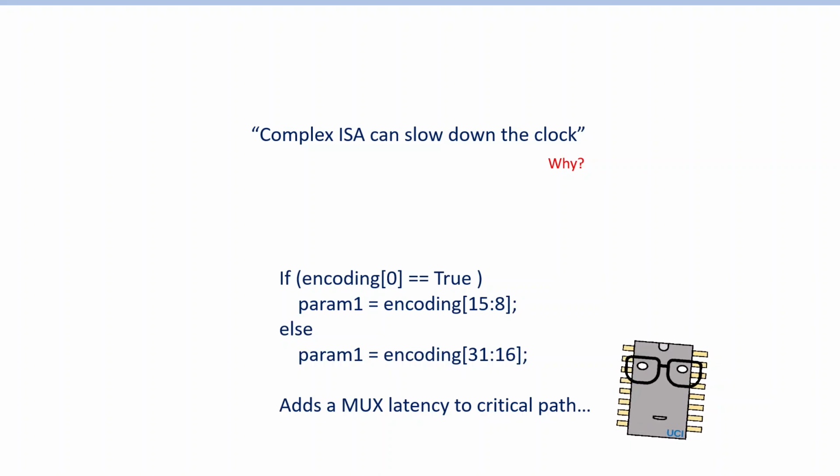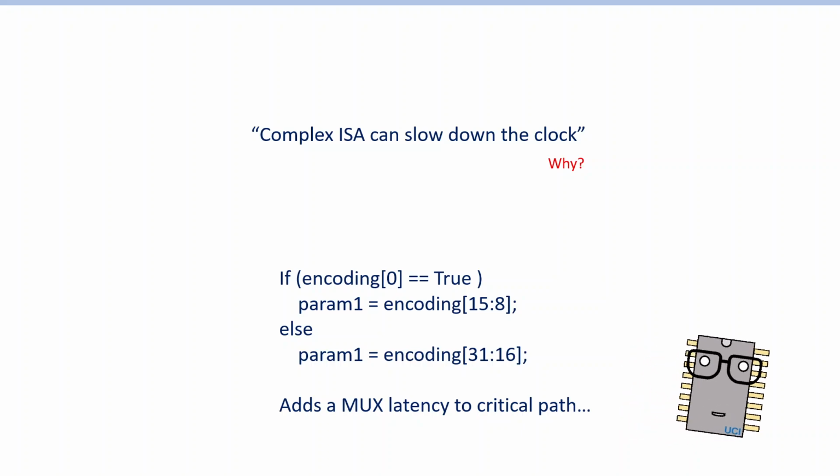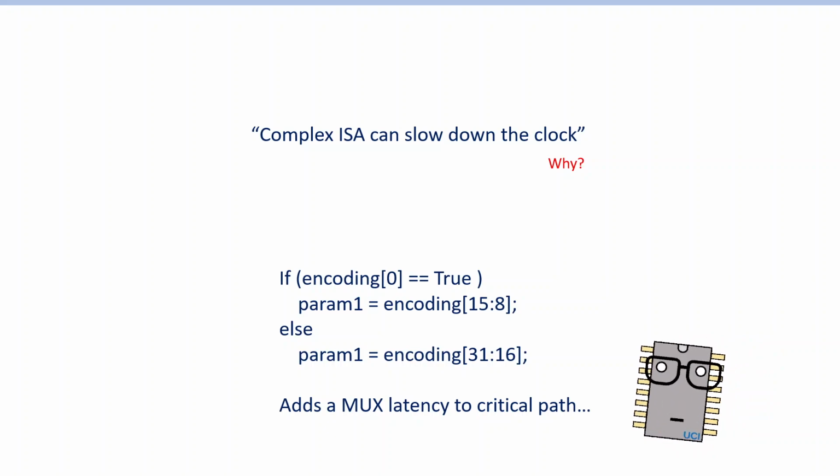So if we have an ISA design which is not very clean, very complex, with many if statements, some of which can be embedded into each other in a nested format, you can imagine that we will have a chained hierarchy of multiplexers at the very least, which will add a lot to the critical path, making the clock speed slower. So that is why.